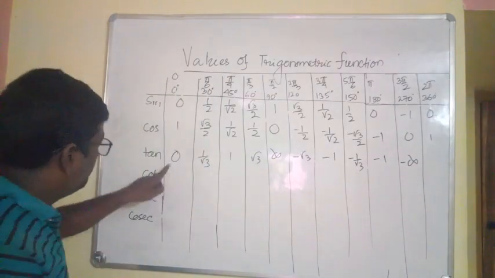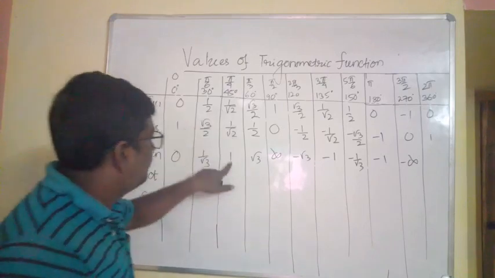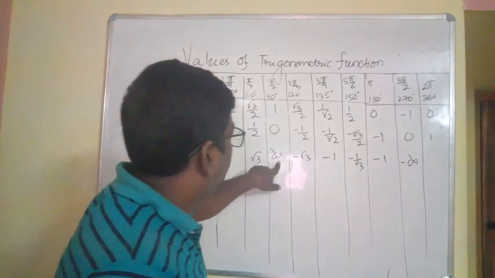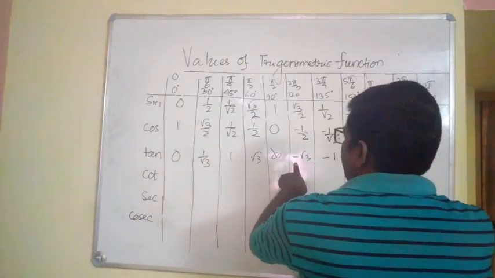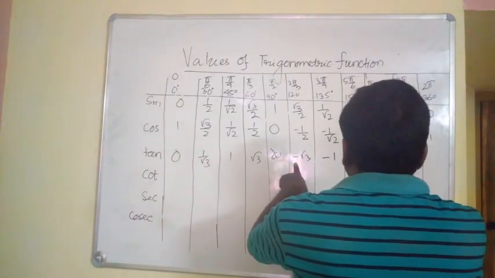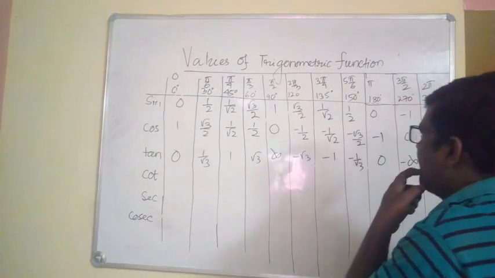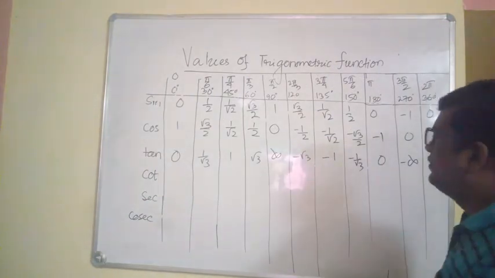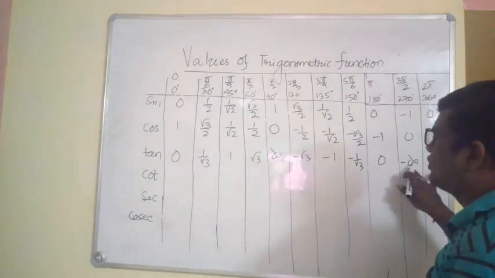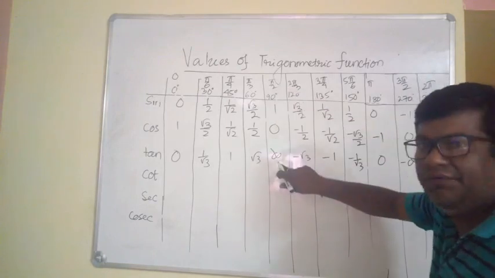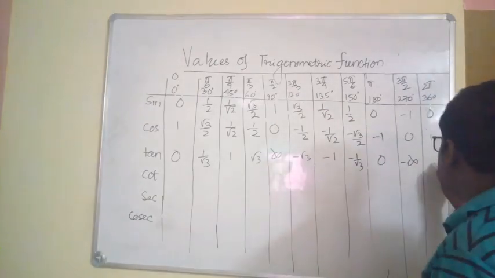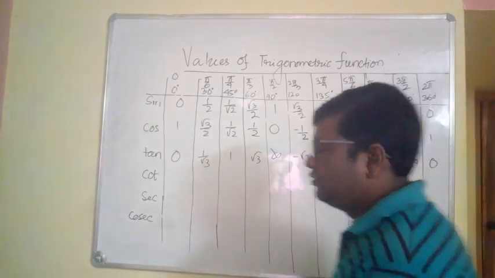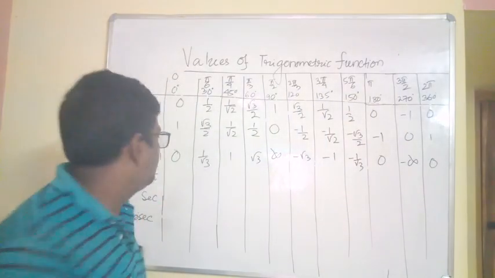Tan 0 is 0, 1 by root 3, 1, root 3, infinity, and this is 0, right? And pi by 2 infinity, and 3 pi by 2 infinity, 2 pi 0, right?